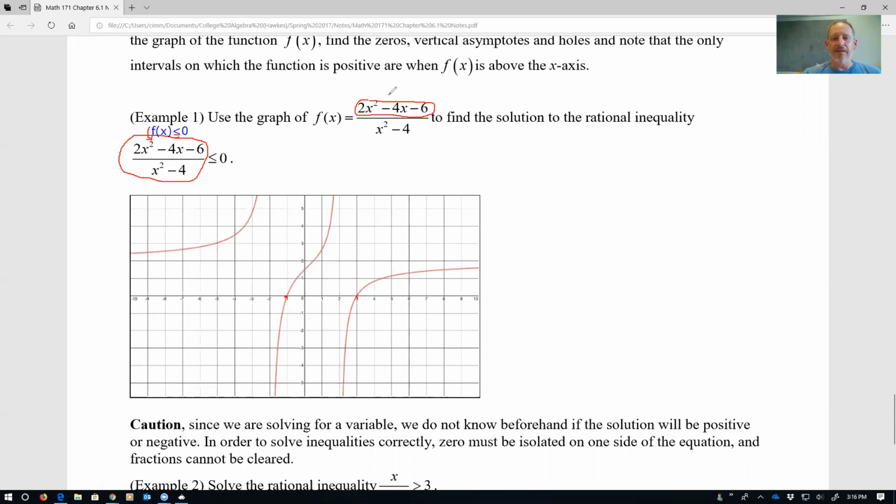And you can see that by factoring the denominator, nothing cancels out from the denominator and numerator, so you're going to have vertical asymptotes at x equals negative 2 and x equals positive 2.